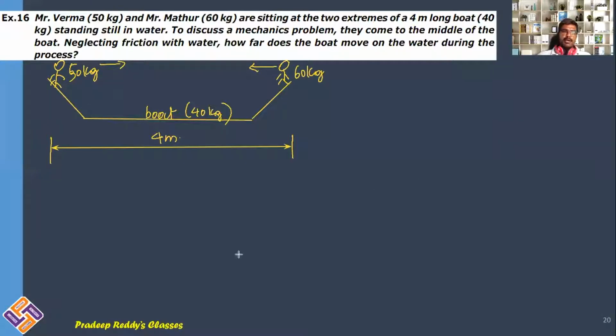I'll consider this point as the x-axis origin. The first person is going forward, the second person going backward, and the boat is coming backward. So I am considering that the new position of the boat is this.